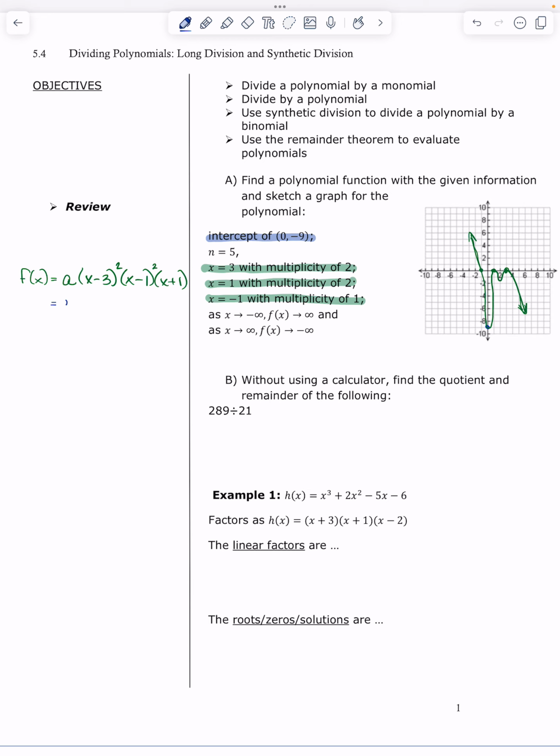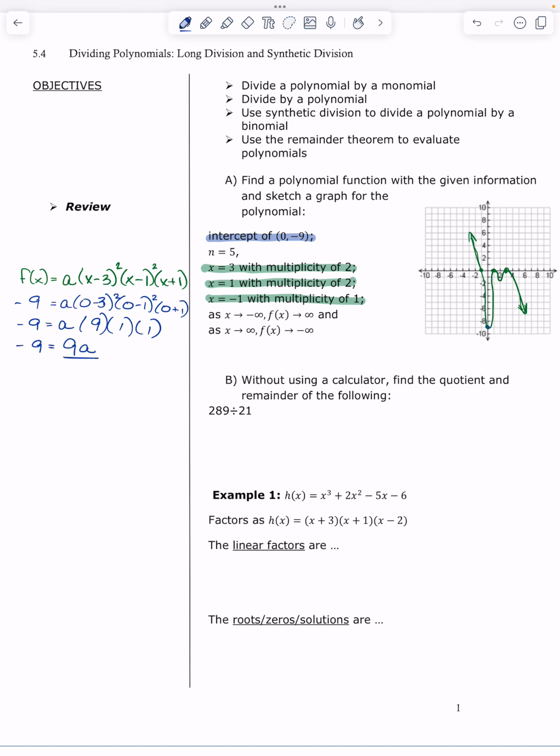That means that when I plug in 0 for x, I am going to get -9 for y. So let's see how we're looking here. I've got -3 squared, which is 9, -1 squared, which is 1, and 1, which is just 1. I got -9 equals a times 9.